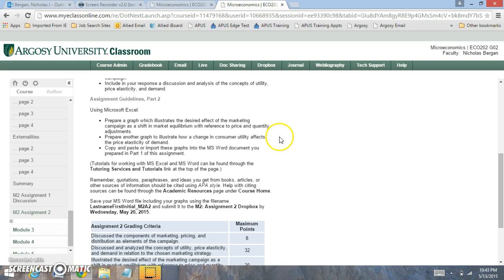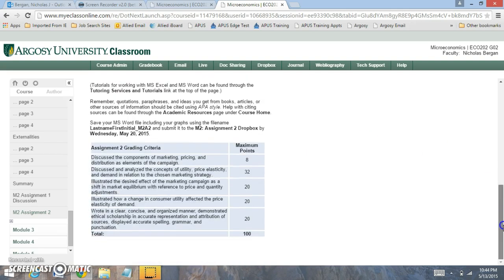What you're going to do is look at a change in consumer utility. How will that affect this new demand? Demand is going to increase, so you're going to show a new shift of the demand curve to the right of the original demand curve. All you need to do is copy and paste that graph into your work.